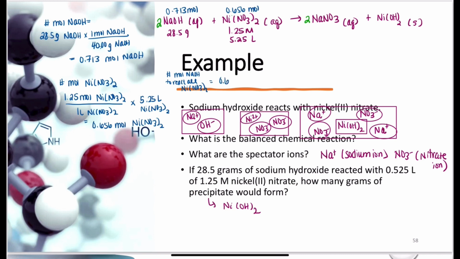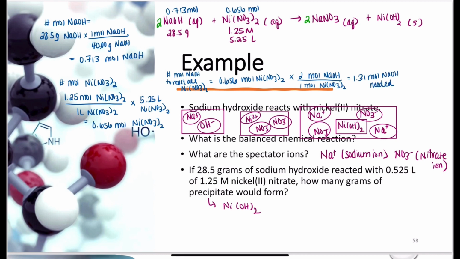I know I have 0.656 moles of nickel 2 nitrate. It takes 2 moles of sodium hydroxide to react 1 mole of nickel 2 nitrate. This would give me 1.31 moles of NaOH needed.